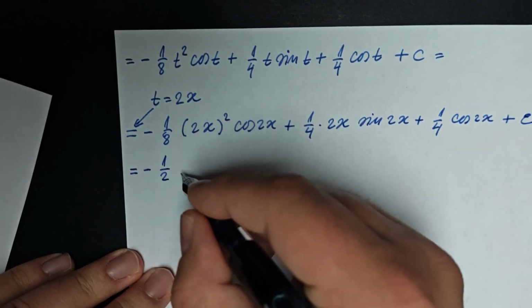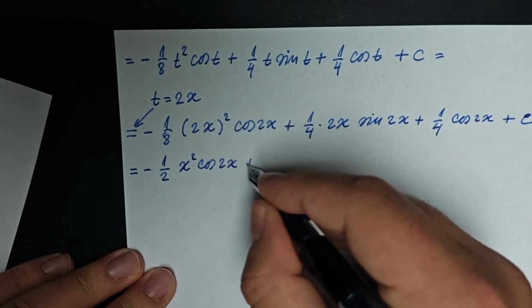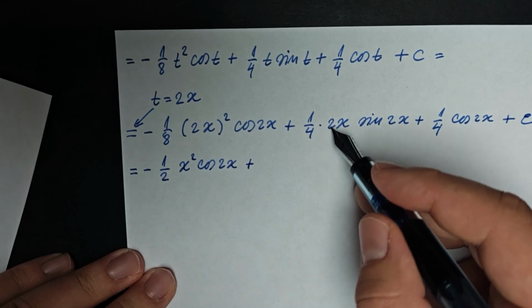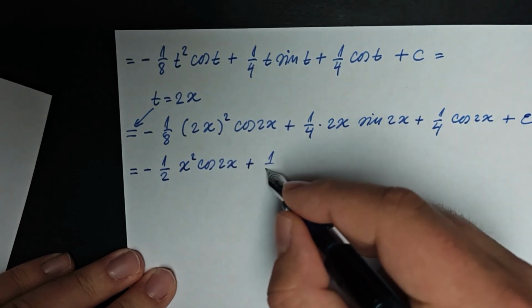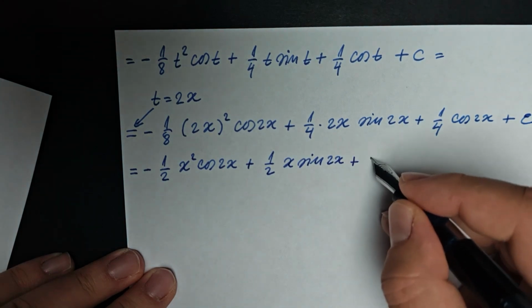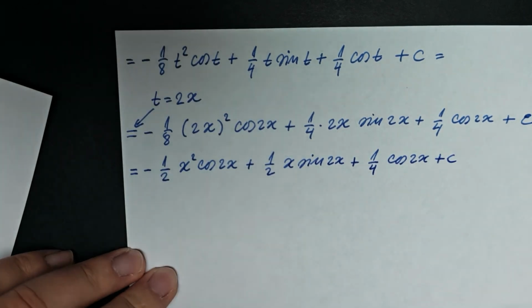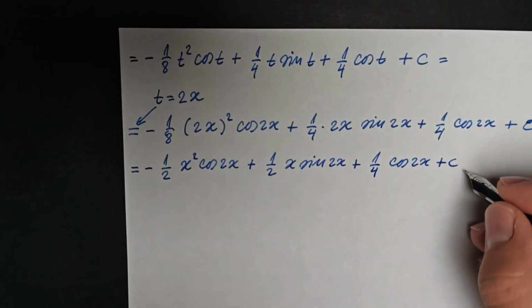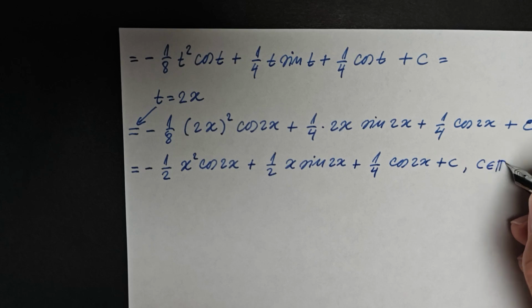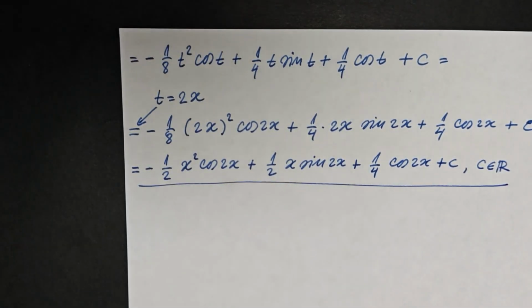So this is just negative 1/2 x squared cosine of 2x plus 1/4 multiplied by 2, that is just 1/2 x sine of 2x and plus 1/4 cosine of 2x and plus c. Of course, this c is a real number, and this is the final solution for our integral.